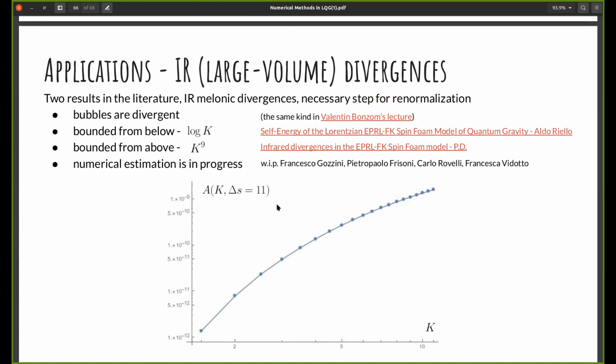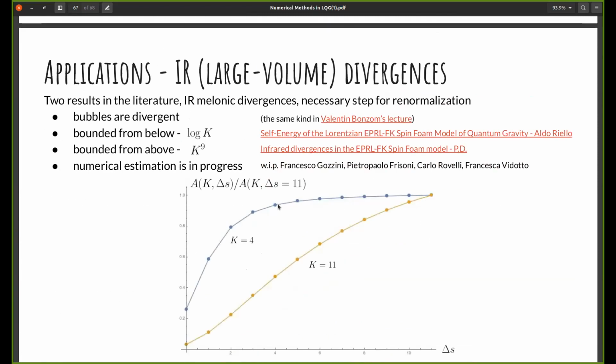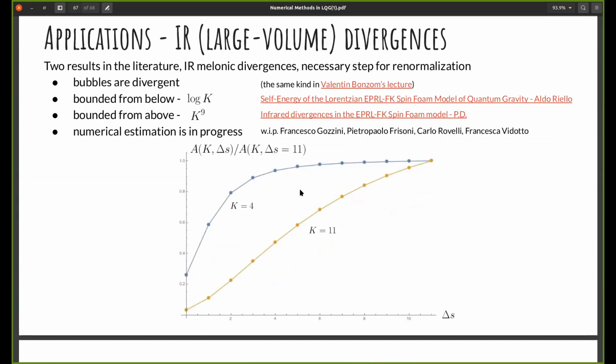And this statement is supported by this other graph, which is the difference of the amplitude with cutoff 4 and cutoff 11, both with 11 shells, normalized to the final value. And while you see that I can try to sell you the fact that for cutoff 4, 11 shells are enough, an enough truncation to capture the value of the amplitude, this is not the case for cutoff 11, for example.